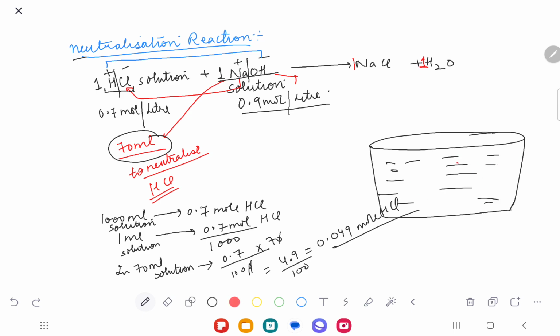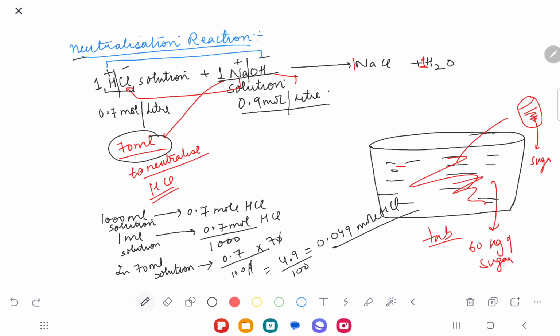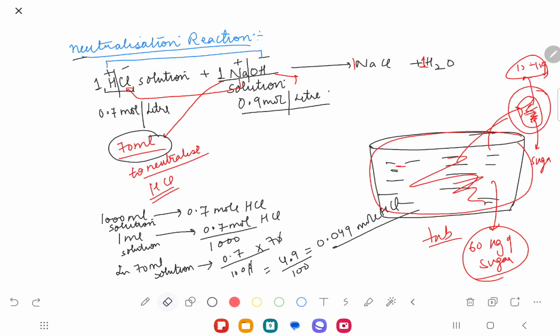If you take out a glass of sugar syrup from that, would you have the same amount of sugar in this glass that you have in the tub? No. In the tub they must have 30, 60 kgs of sugar, but the amount of sugar in this glass would be just, let's suppose, 10 or 15 grams, isn't it? Because you're not taking out the entire solution into the glass. You are taking out a part of the solution into the glass. You understand my point?